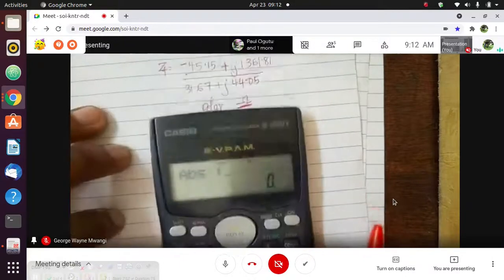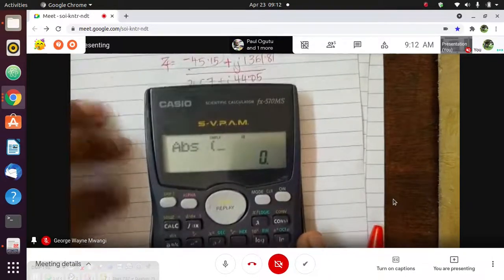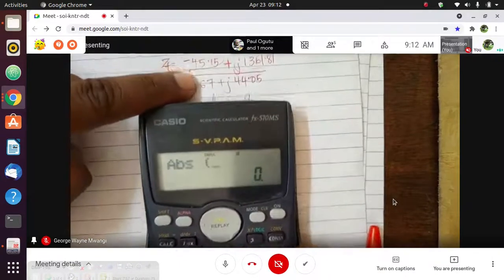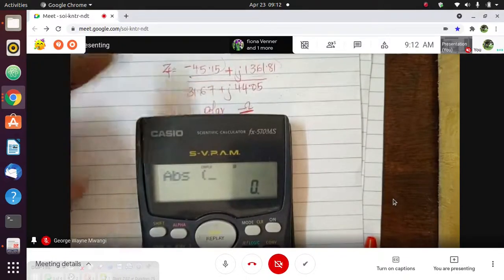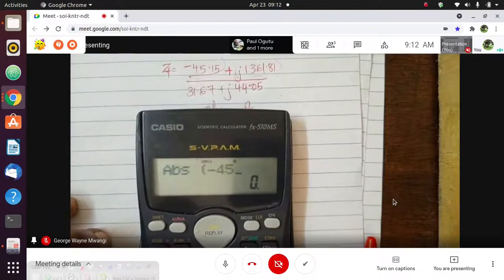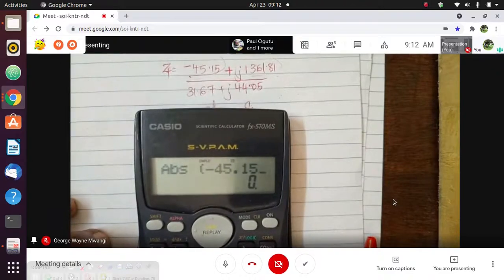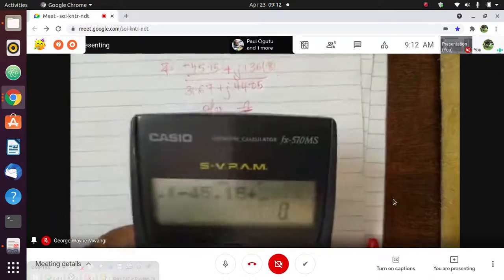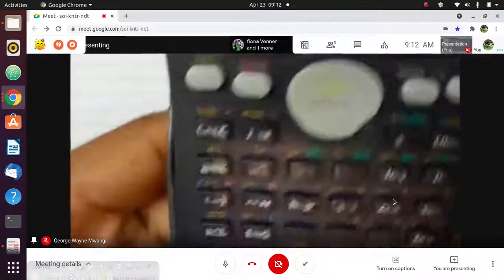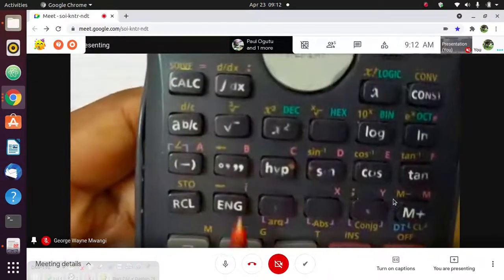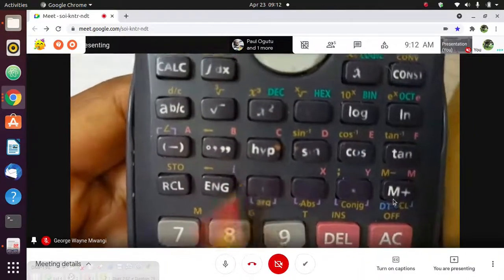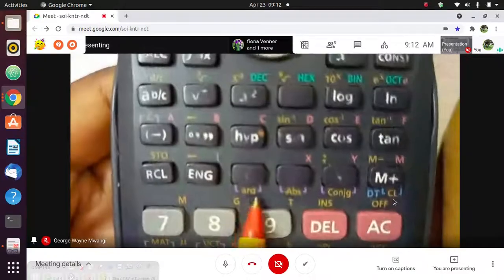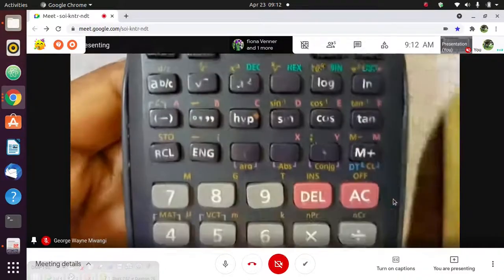Once you get absolute, you input the values, for example the numerator, minus 45.15 plus J 1361.81. In our calculator we don't have J, so we use I. This is the absolute I'm talking about, and the argument.